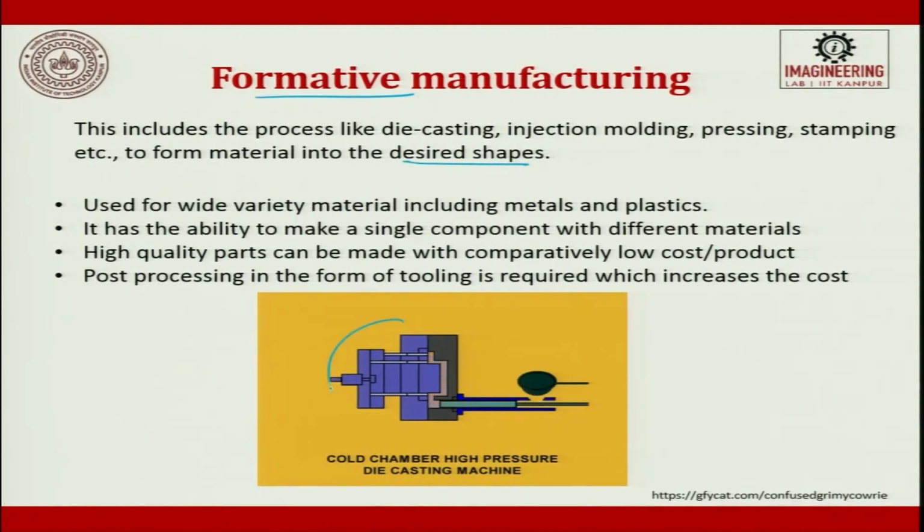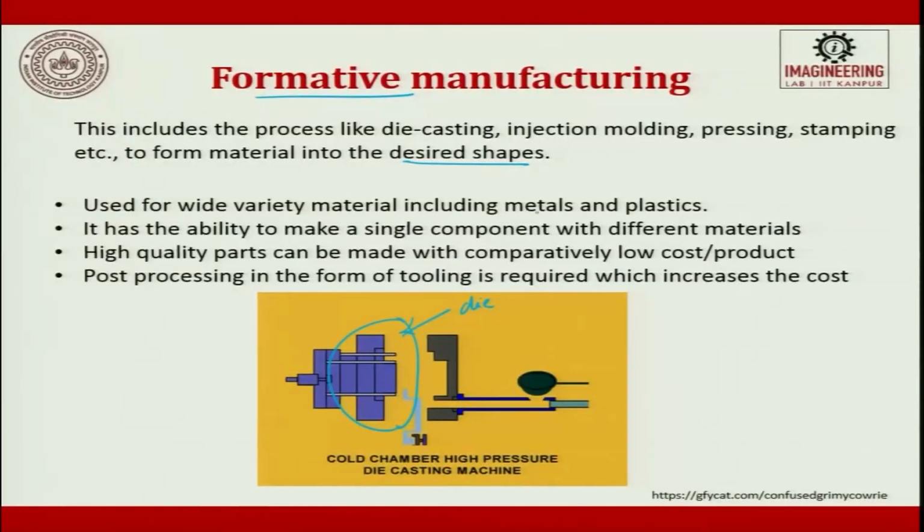So, here you will have a die. This die is pretty expensive, and then the raw material will be injected or poured into the die to get the output. The moment I say die, you should have at least 10,000 pieces, 1000 pieces to produce, such that you can think of an economy. This is a capital intensive manufacturing process.